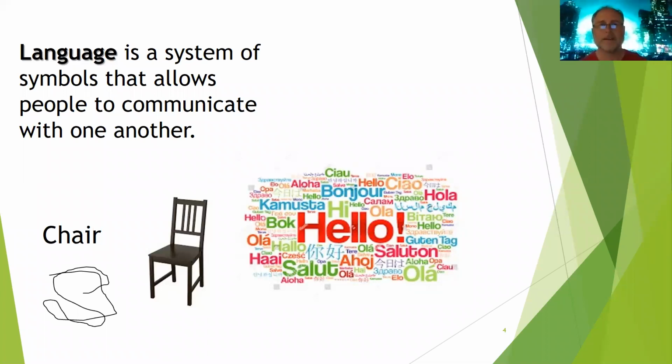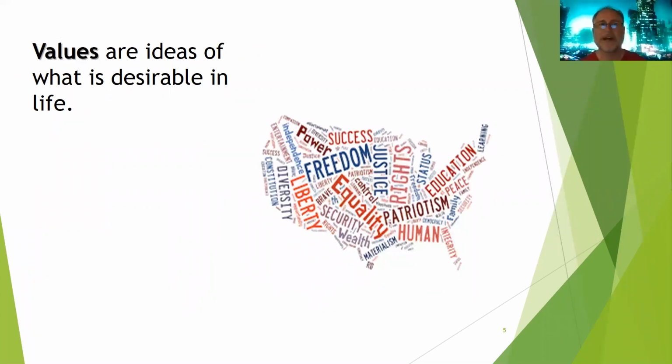Let's take a look at values. Values are ideas of what is desirable in life, okay? And so every culture will identify certain things as being of value. So I want to take a moment and look at some of our values here within the United States.